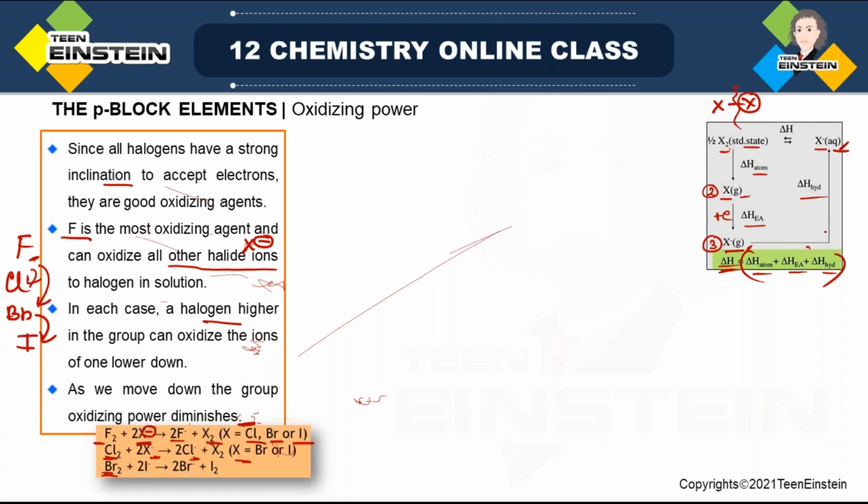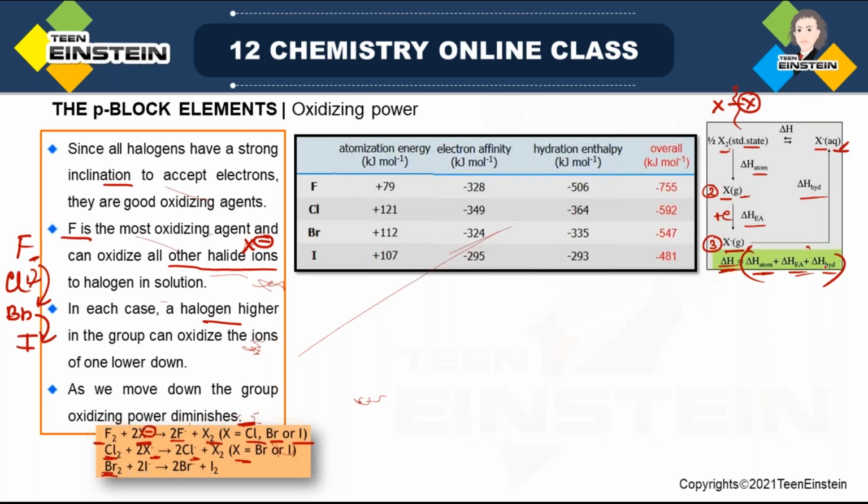Suppose in some cases the delta H atom value is very low but the other two values are high. Maybe in another case electron affinity is very high and the other two are low. So each of these enthalpies can vary. That is the three enthalpies. Now if we take the combined effect, first is the atomization energy, delta H atom, then the enthalpy of EA, then the enthalpy of hydration.